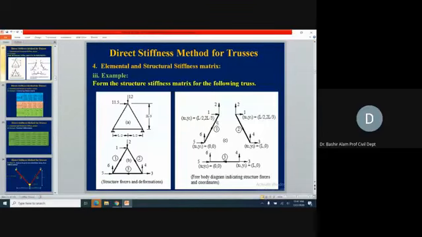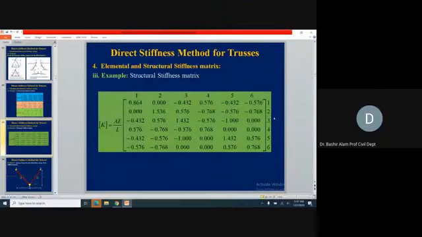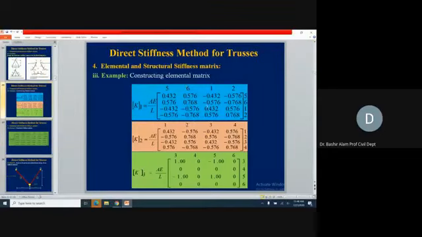In case of the pin jointed frame, the order of the stiffness matrix will be 4x4, जो कि यहाँ पे आप देख रहे हैं। देखिए 4x4, 1 2 3 4, 1 2 3 4। यहाँ पे देख ले 4x4, 4x4। लेकिन स्ट्रक्चरल का क्या होगा? It will be 6x6 ना। अब यहाँ पे देख ले ये 0.864 किस तरह आ रहा है? तो 1 1 पोजीशन है, तो यहाँ पे आप देख ले 1 1 पोजीशन पे आपका क्या है?